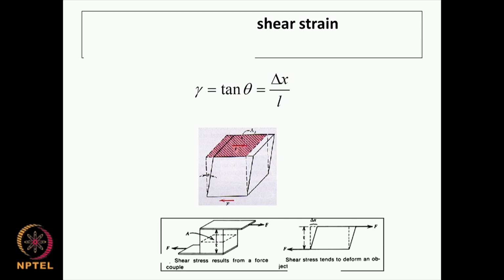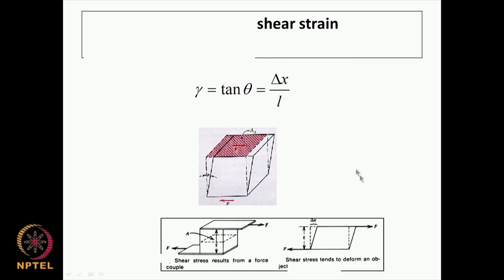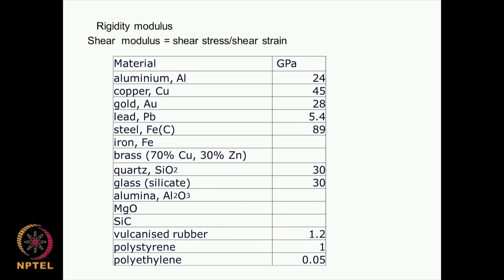So the shear modulus is given by shear stress, that is force by area, divided by the shear strain, which is the displacement delta x divided by the length. Materials will have different shear modulus, just like Young's modulus. As you can see here, for many of these materials, shear modulus is much lesser.